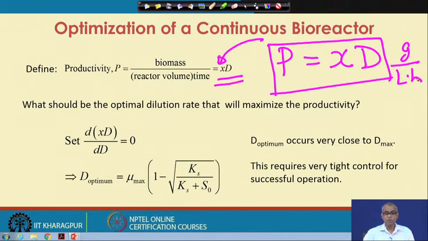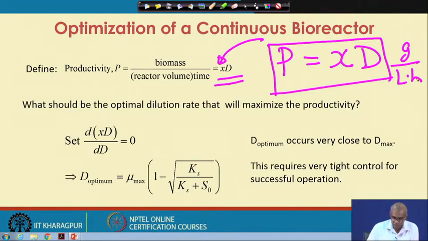So, now we ask the question, what should be the optimal dilution rate such that the productivity P will be maximum? So that we will obtain the maximum productivity. x D will be maximum for what D? Note that you cannot go on increasing D, because if you go to D equal to D max, washout will take place and there will not be any cell in the bioreactor. So, x will be 0, the productivity will be 0.